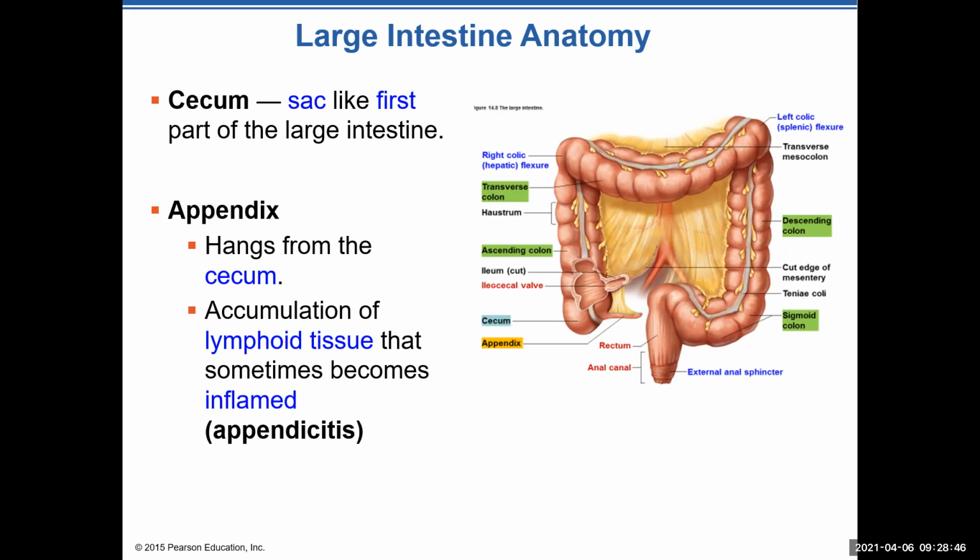Okay. And then if you remember, we spoke about the mucosa associated lymphoid tissue, the MALT, in the previous chapter, right? So you will see that lymphoid follicles are everywhere in the large intestines.